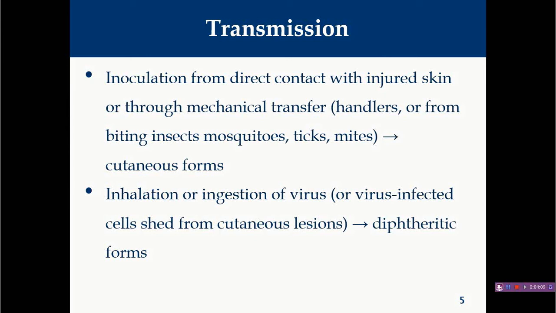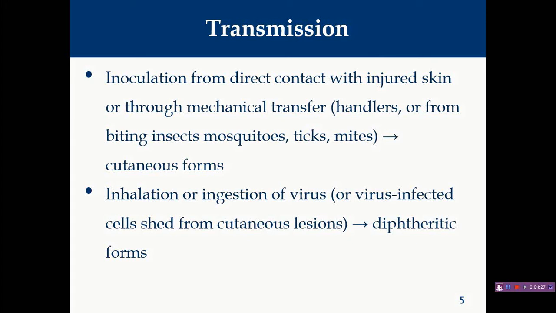Generally injured skin is prone to this disease, as well as biting insects like mosquitoes, ticks, and mites. They are also responsible for transmission of this disease, but this is just simple mechanical transmission, right?